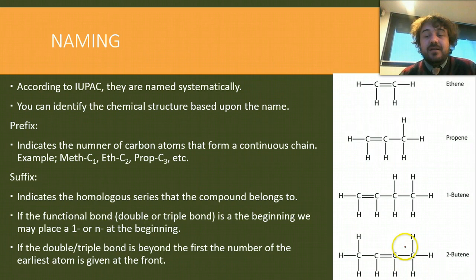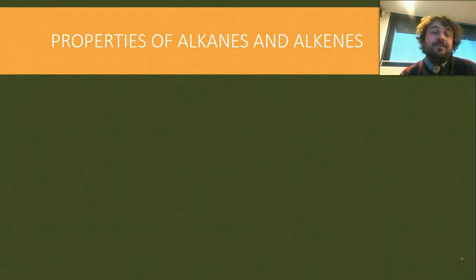But you go for whichever one's going to give you the lowest number at the front. That's 2-butene. For 4, 1, 2, 3, 4, it's 2 because the double bond happens there, and ene because it's a double bond.